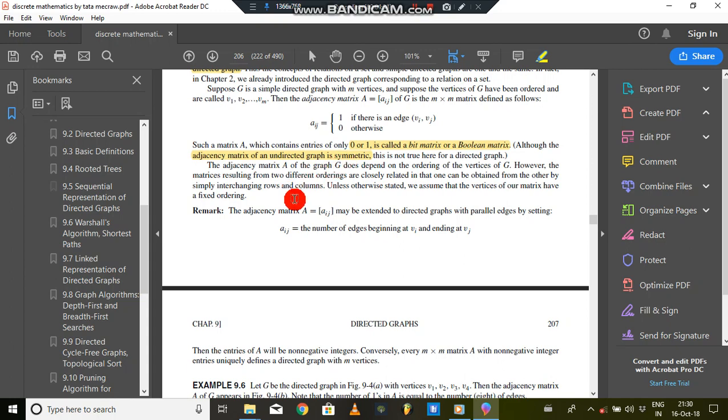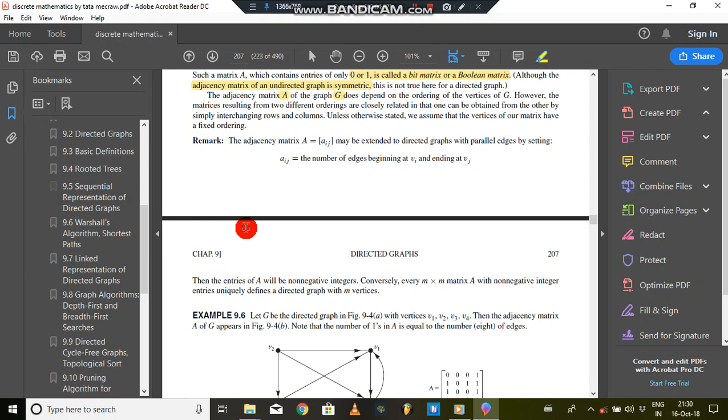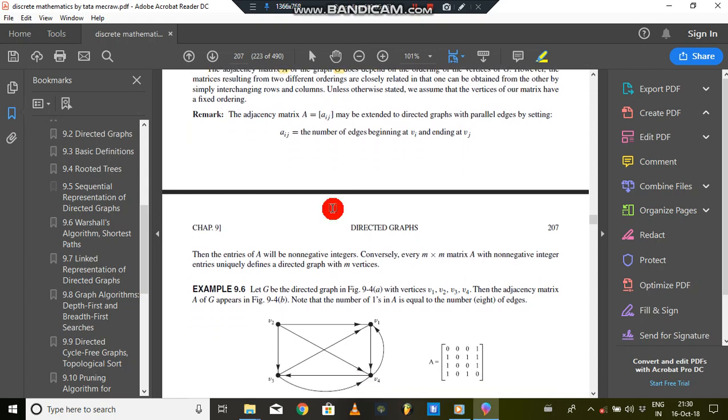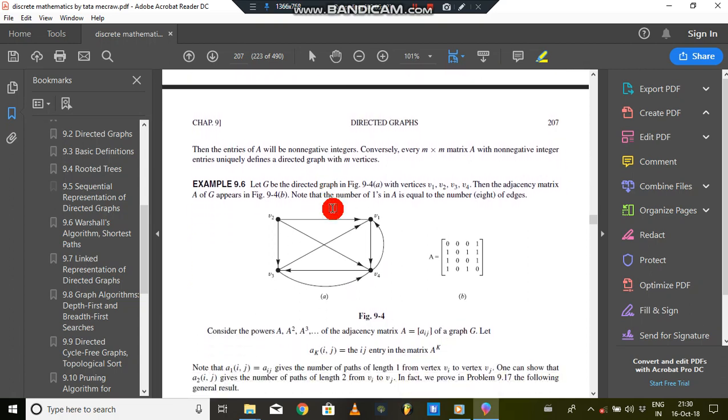The adjacency matrix A of a graph G depends on the ordering of the vertices of G. However, the matrices resulting from two different orderings are closely related: one can be obtained from the other by simply interchanging rows and columns. Unless otherwise stated, we assume that the vertices have a fixed ordering. Let us consider one example.